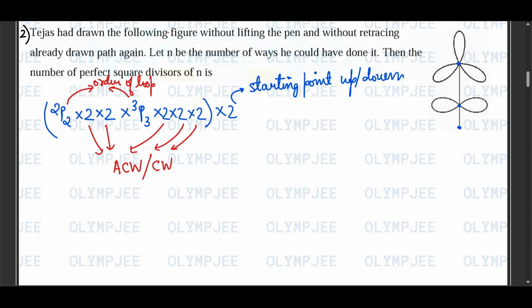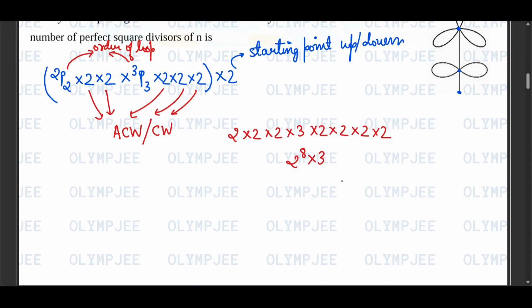So this will give us 2 into 2 into 2 into 3 into 2 into 2 into 2 into 2. So this is 2 into 8 multiplied by 3, and this comes out as 768.